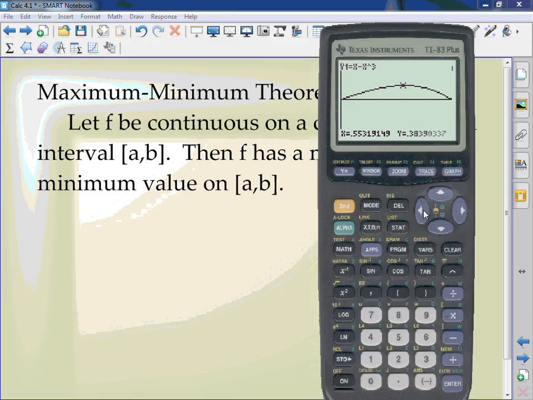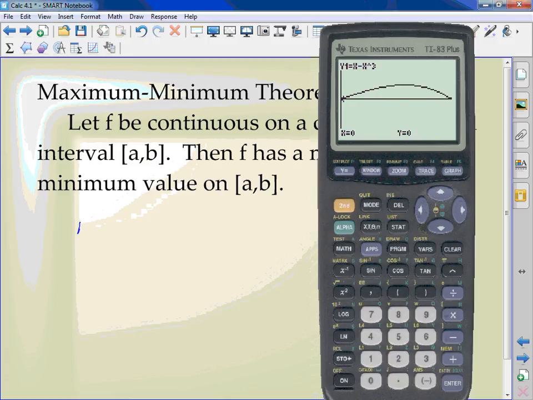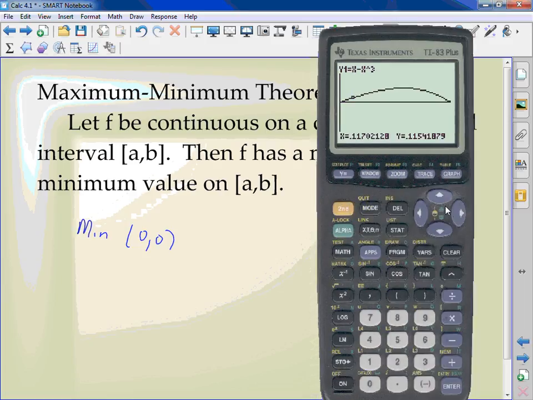So if I just traced, what's my minimum at? My min is at 0, 0, and there's also one. Whoops. It's going to be 0, not 0, 1, 1, 0.